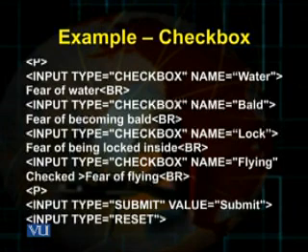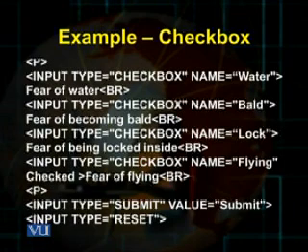Then comes the fourth option, input type checkbox, name flying. And you can see after the word flying, there is the attribute checked. So because of this attribute checked, this option, fear of flying, would be pre-checked. When the user opens the page, this option would already be checked.